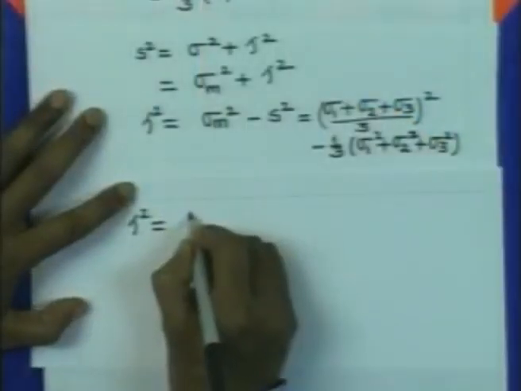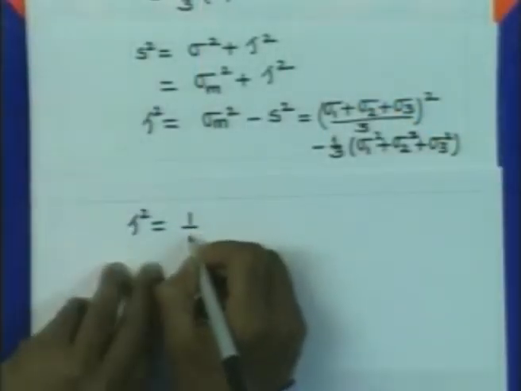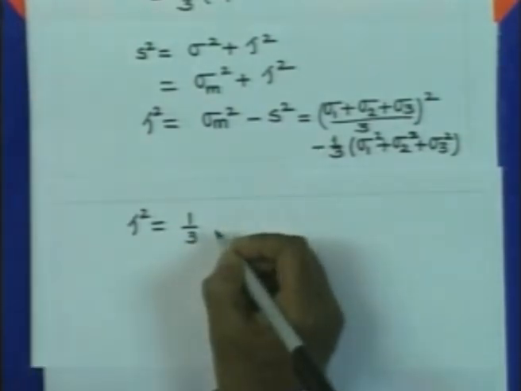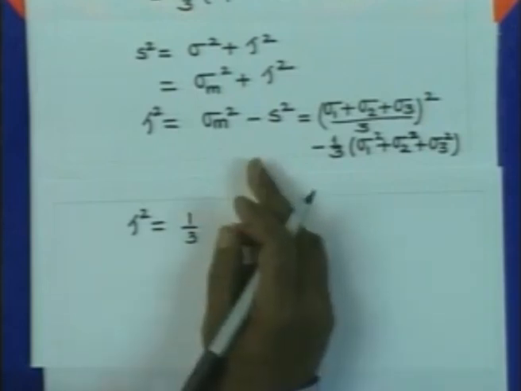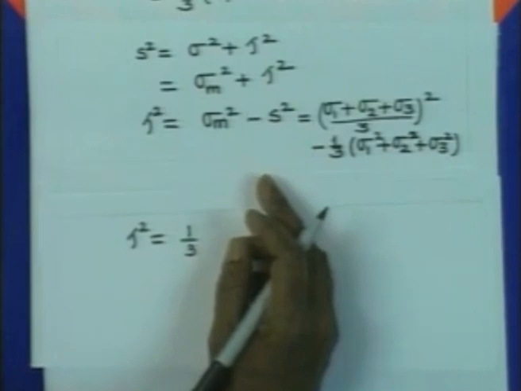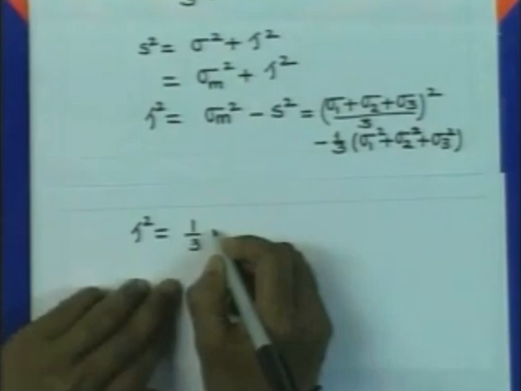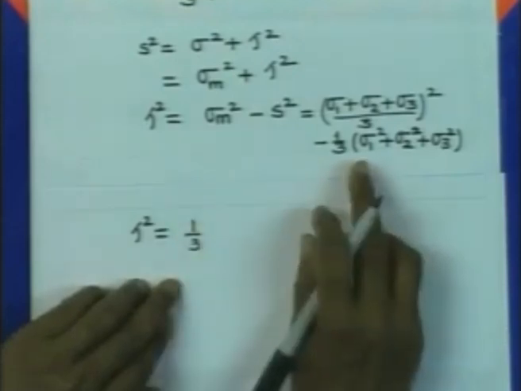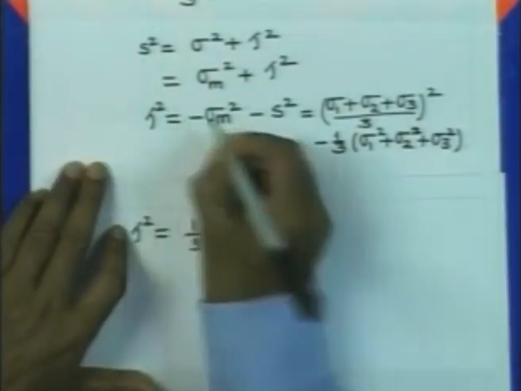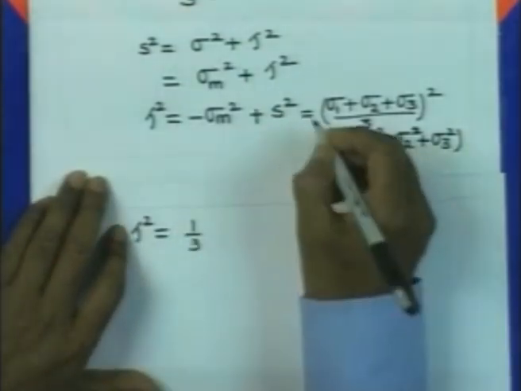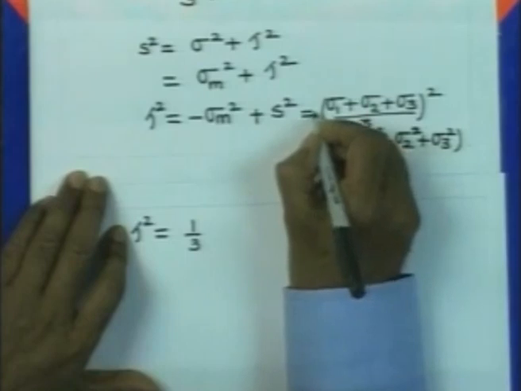tau square is equal to 1 by 3. I am sorry, it should be just opposite, this should be this way, and therefore, we will have the expression slightly different.